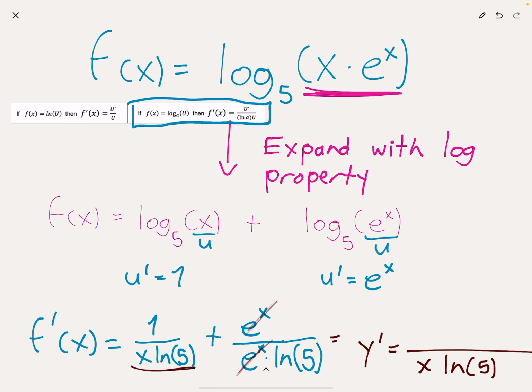The first fraction has the same denominator, so I'm just going to write 1 plus. The second fraction is missing this x, so I'm going to multiply it times 1, and I'm going to have plus x in the numerator. And this would be the final answer for this derivative. These two things are equalities. I'm really just adding the fractions in the last step.